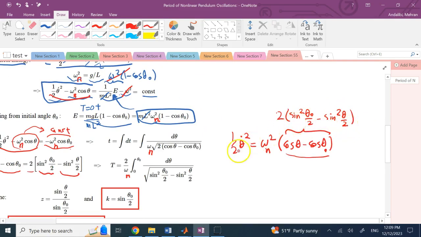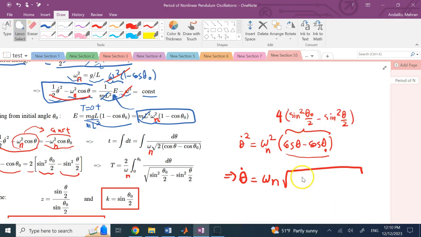Now, you multiply both sides by a 2, so this becomes a 4. And then you take a square root. So you'll get theta dot equals omega n times the square root of that whole thing in the parentheses.